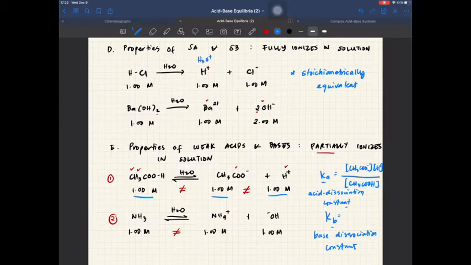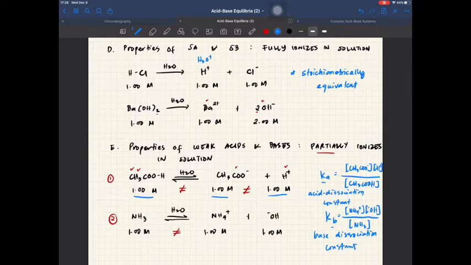That is also true for Kb. We have the molar concentration of ammonium multiplied by the molar concentration of the hydroxide ion divided by the molar concentration of undissociated ammonia. So the greater the value of Ka, the stronger the weak acid.